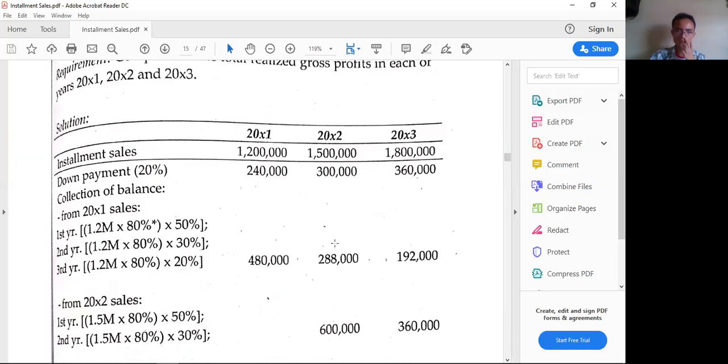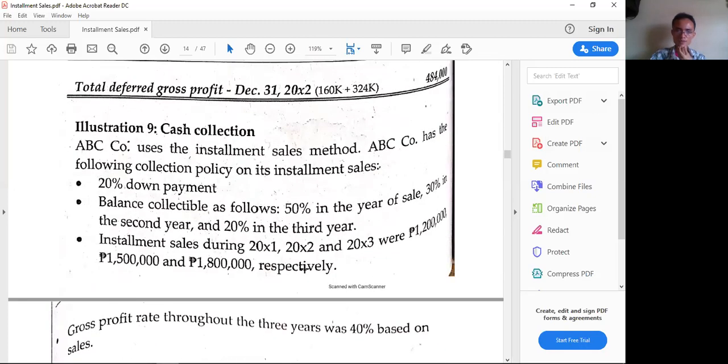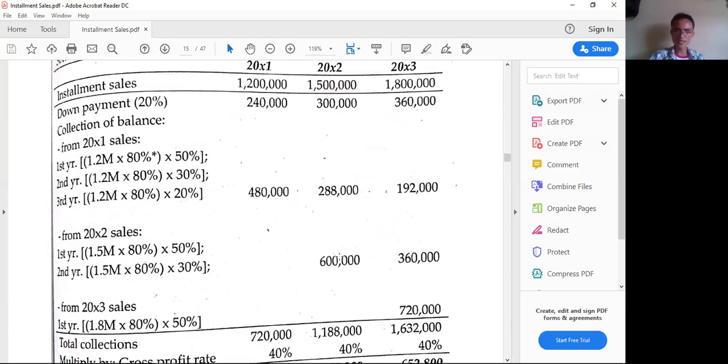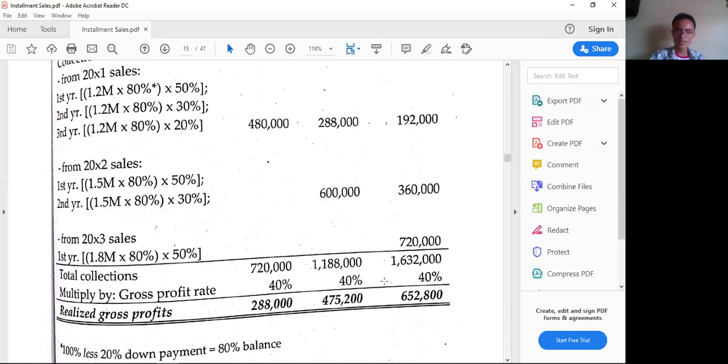And then collection of the balance from 20x1, because remember in 20x1 sales, 20% was down payment in the previous year. 50% of the 80% was collected last year. So in this year, that is 30% of the 80%. And that's why we got 288,000. And we get the total collections 300,000, 288,000, and 600,000 times 40%.